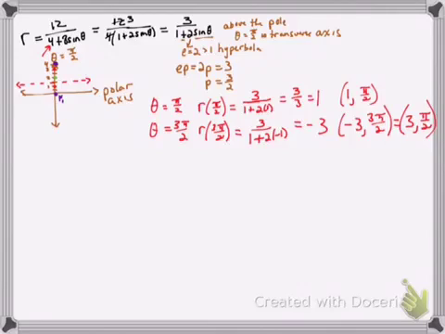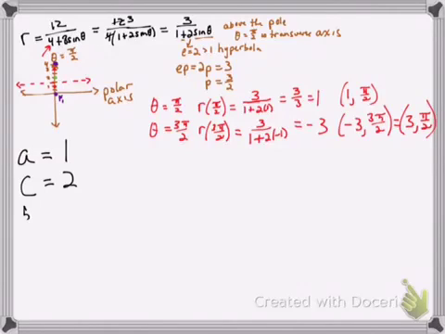Now, what we really know is A and C. A, of course, is the distance from the center to the vertex, and that's only 1 away. And C is the center to the focus, and that's 2 away. So we can calculate what B is going to be.